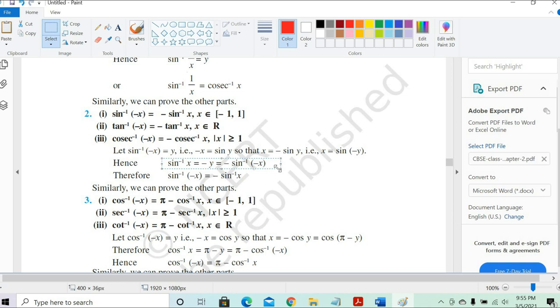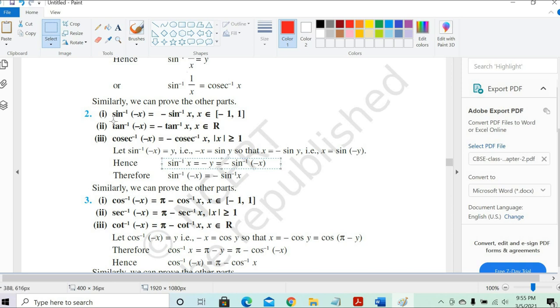Correct, no? So sine inverse of minus x is given as minus of sine inverse x. Clear? It's just a change of the minus sign only, nothing else. If you just remember that sine of minus theta is minus sine theta, then you are done, right?